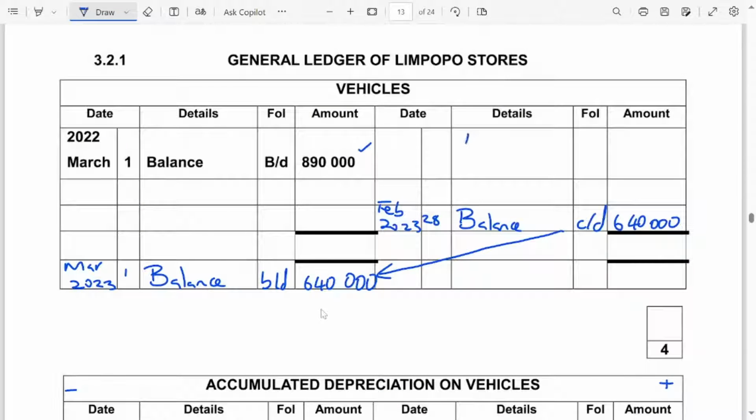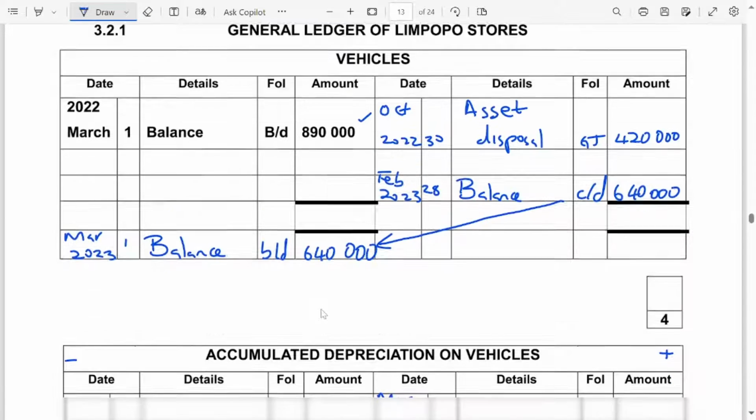So we're going to come here. It's an asset disposal. This is happening on 30 October 2022. So the cost price is 420,000.